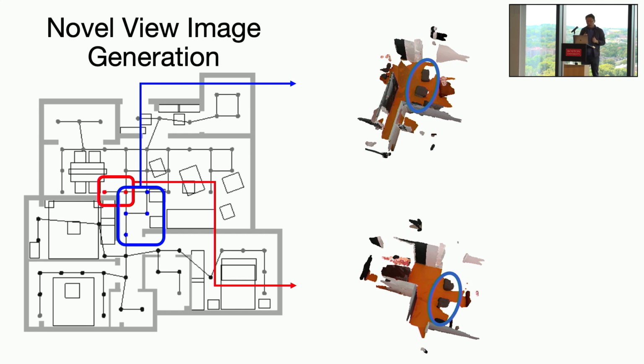Or inside this green circle, we have the generated images covering the same wall area. So we have some guidance from neighboring locations to help us generate those images at new locations, and then we repeat this process until we finish visiting all the nodes. So this is the idea.